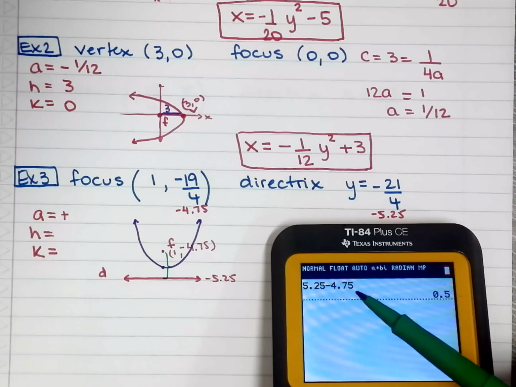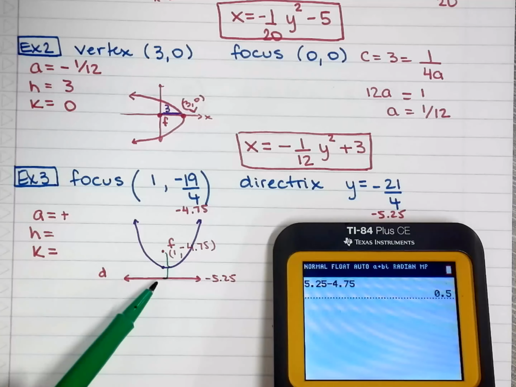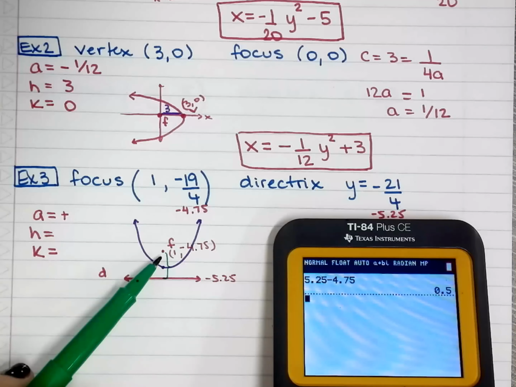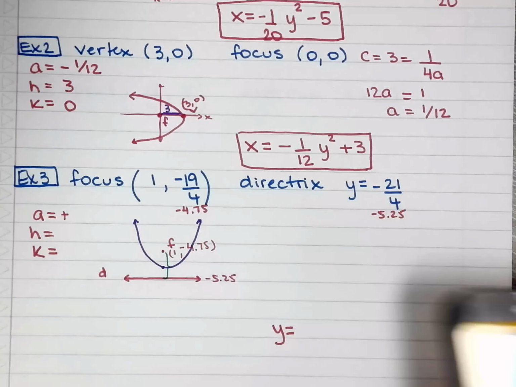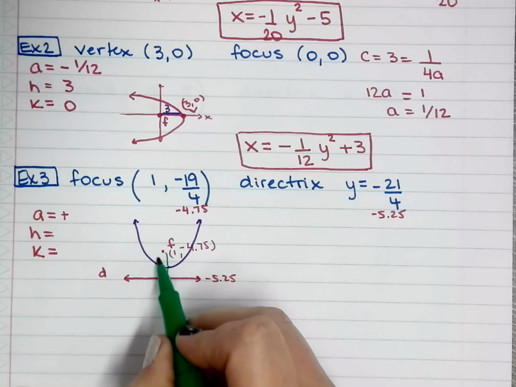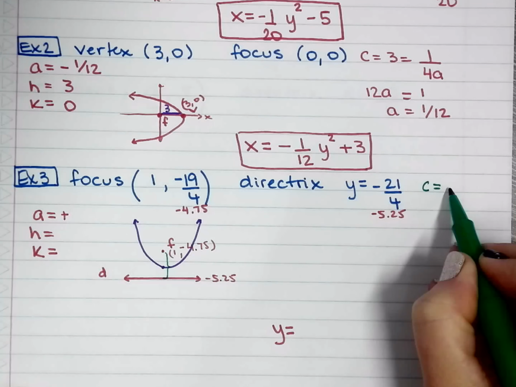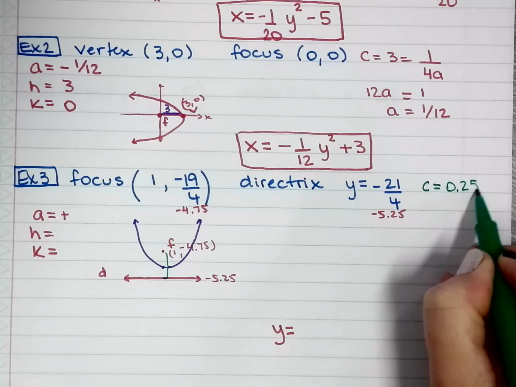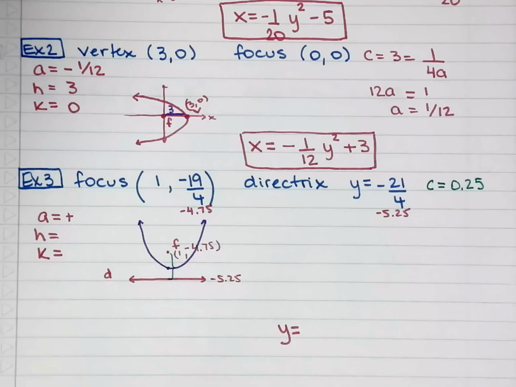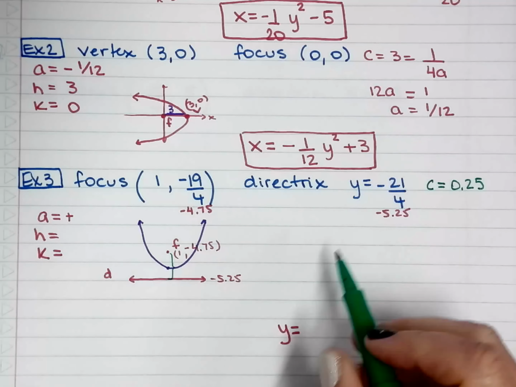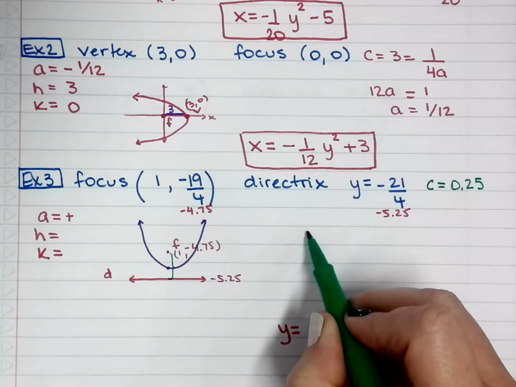But now, this is the whole distance from the focus to the directrix. If the whole distance is 0.5, halfway through is 0.25. So C right there, C will be 0.25. C is the distance from the focus to the vertex. So if C is the distance, I have to find the vertex.